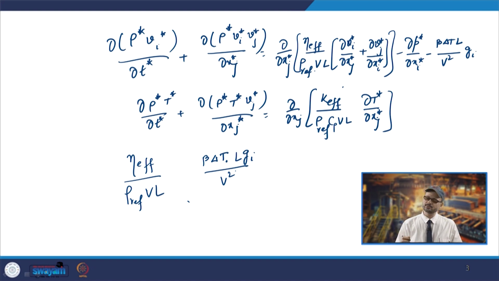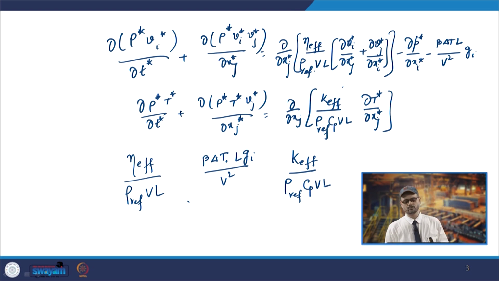Then if you look at this number k effective divided by rho reference C p V into L, this is nothing but the reciprocal of, so one is rho C p by k, and then you will have.